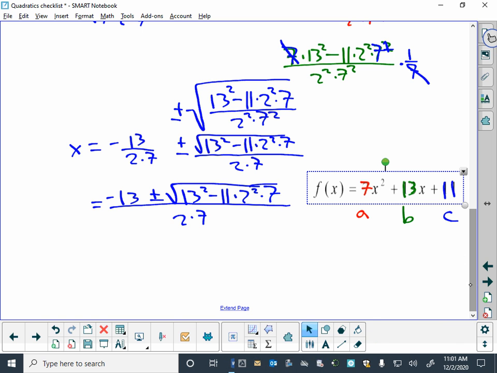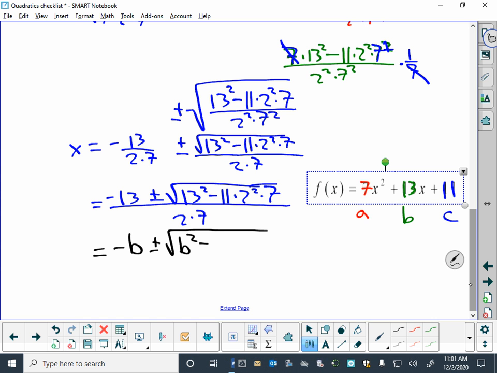So if I was going to try to generalize this process, now everywhere I see a 13, I'm going to put a B. So this is negative of whatever B is, plus or minus the square root. There's my 13 again, and it's being squared.